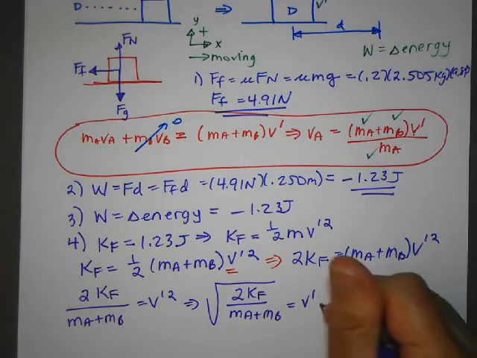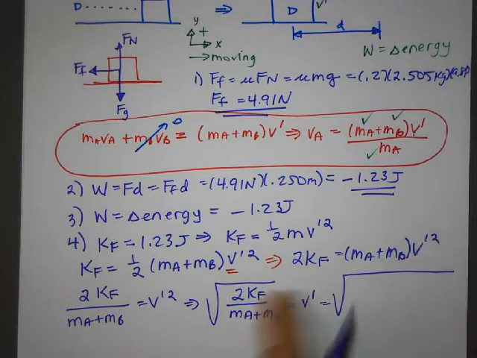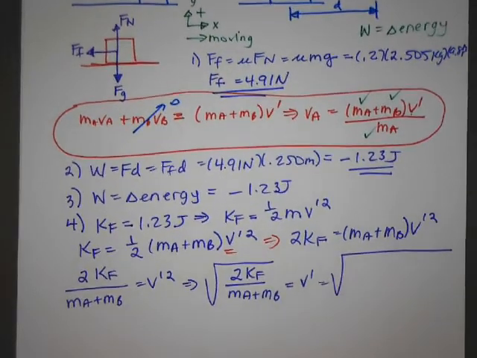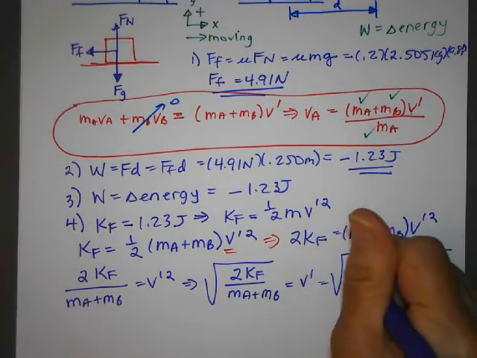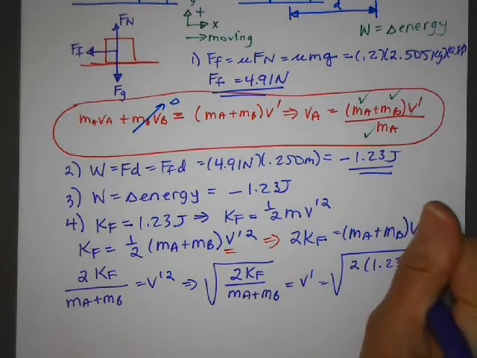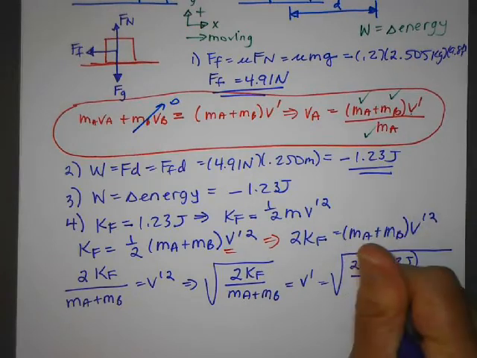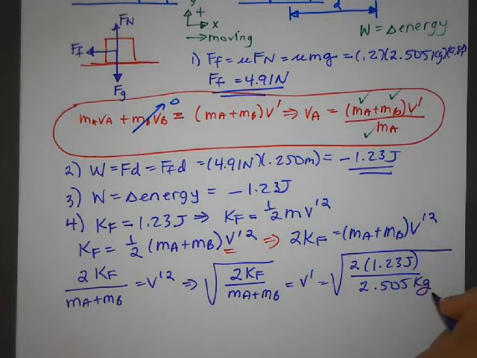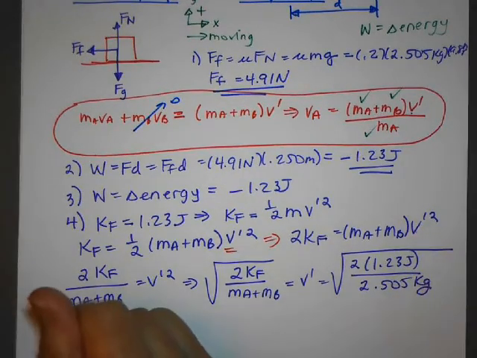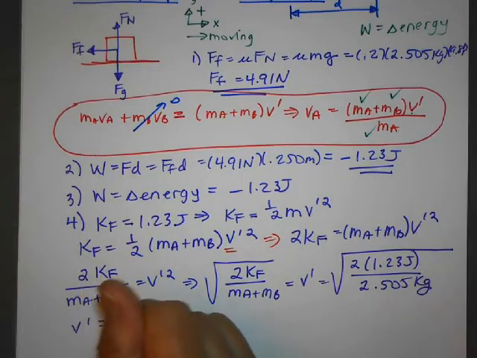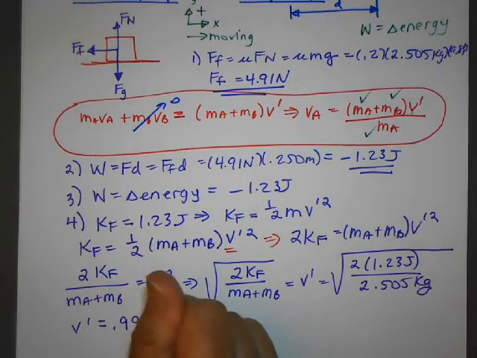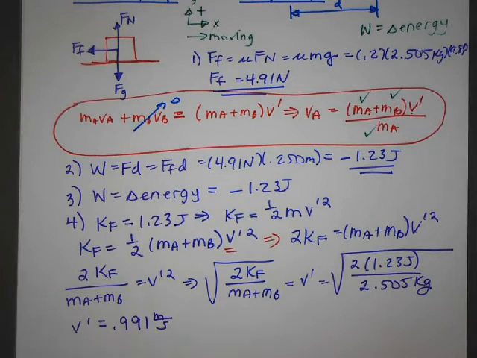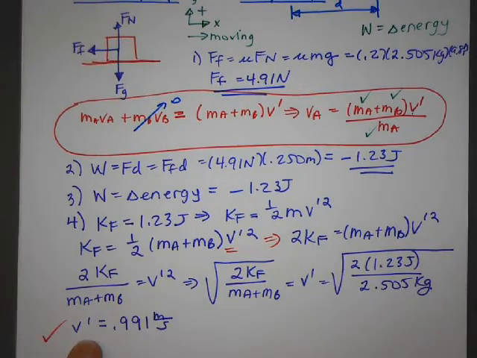Now when I substitute in my values, I won't make a mistake, because the most common mistake is to forget that square root. So you have 2 times 1.23 joules divided by my total mass, which I know is 2.505 kilograms. And when I do that, V prime comes out to be 0.991 meters per second. So once I have my V prime, I put it back in here.